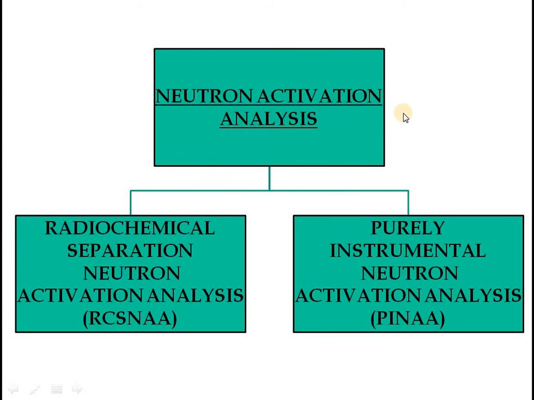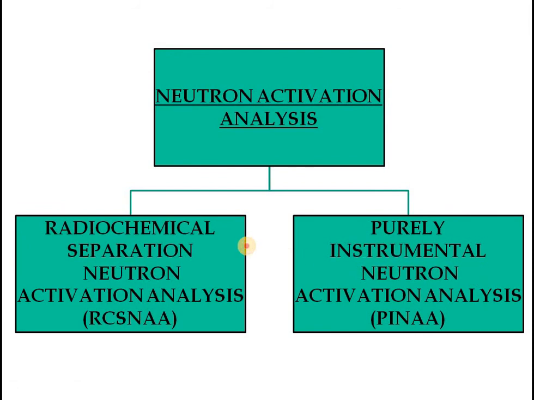And according to the procedure, neutron activation analysis can be either radiochemical separation neutron activation analysis, RNAA, or purely instrumental neutron activation analysis, INAA. So what is the difference between these two? Let us see.